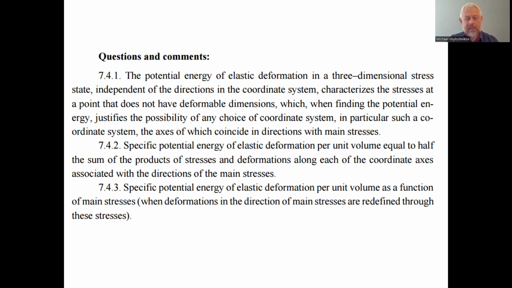The common factor is the squared tangential stress, and we can finally find the dependence of the characteristics of the elastic material.